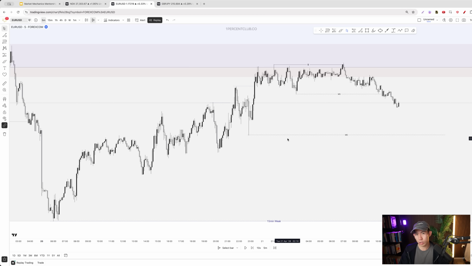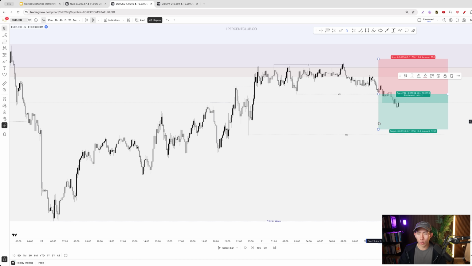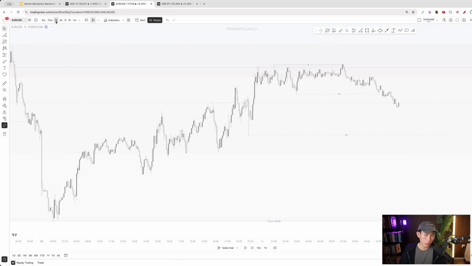So this is going to be one of the entry models that you're going to be learning very soon. But once you see this pattern, and it happened right after price mitigated the zone, this is where you can look for shorts. This is where you can look to short it all the way down. So once again, we're going to delve deeper into entries and exits in the next few lessons.